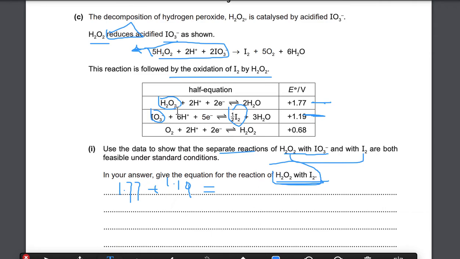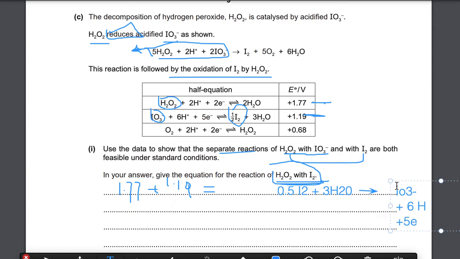Let me write it down. So the first one remains as it is, and the second one becomes 0.5 I2 plus 3H2O, which gives IO3 minus plus 6H plus 5 electrons.